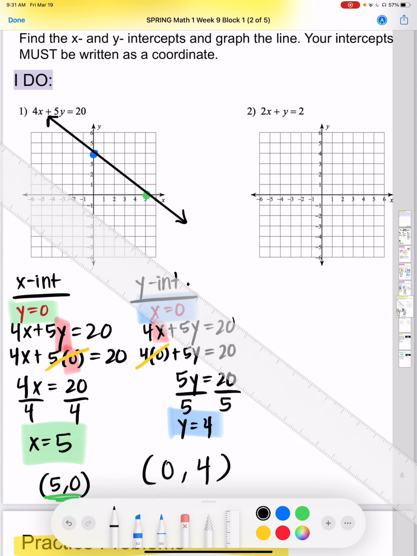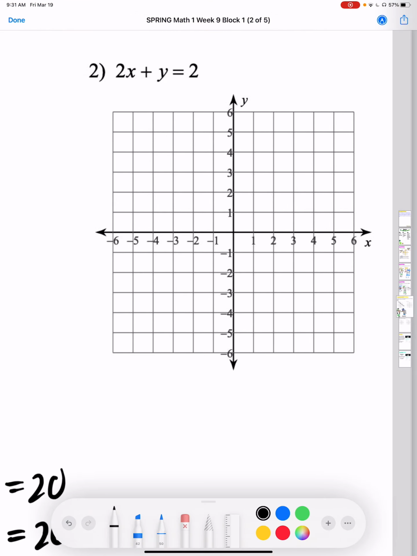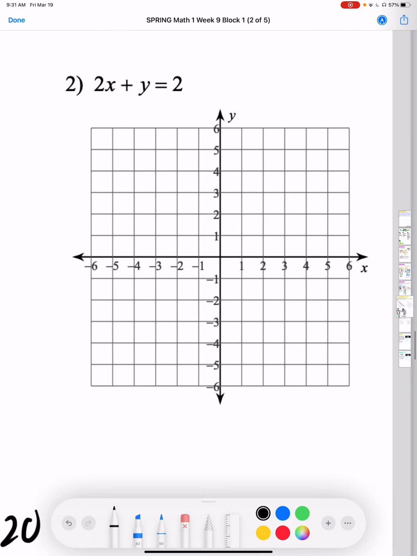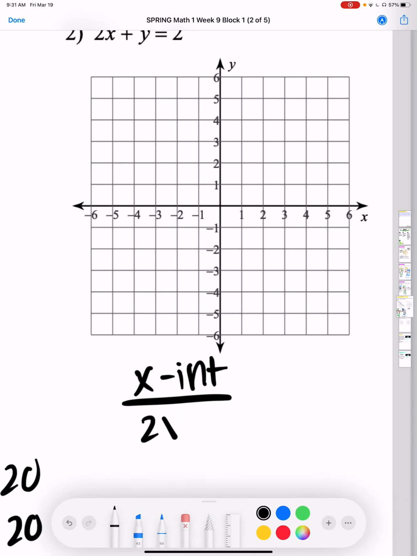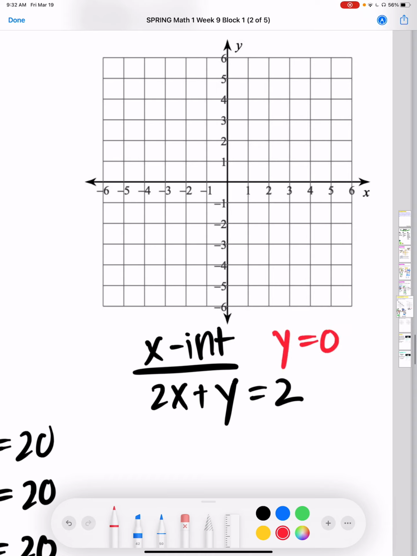All right, let's go ahead and try the next example on the right. So I have 2x plus y is equal to 2. I want to find my x and y intercepts to graph, so I'm going to do the same thing. I'm going to start off with my x-intercept first. Remember, for an x-intercept, you set y equal to 0.